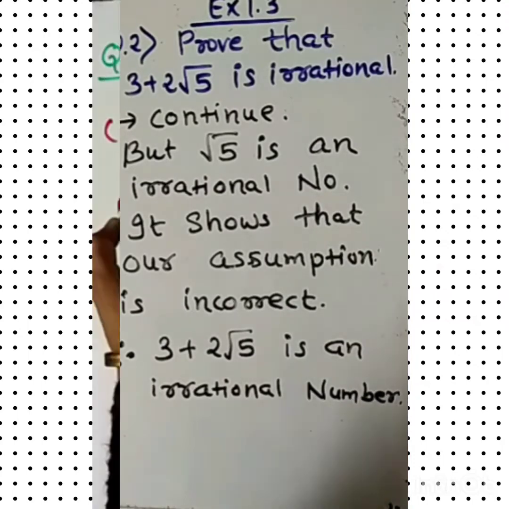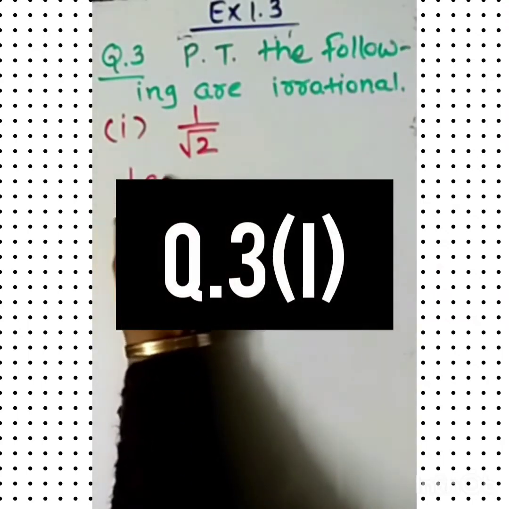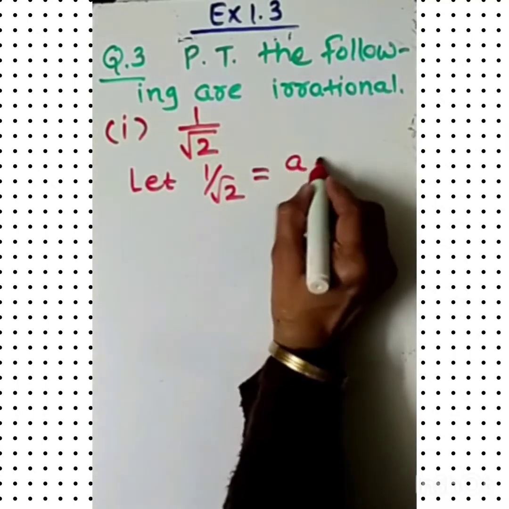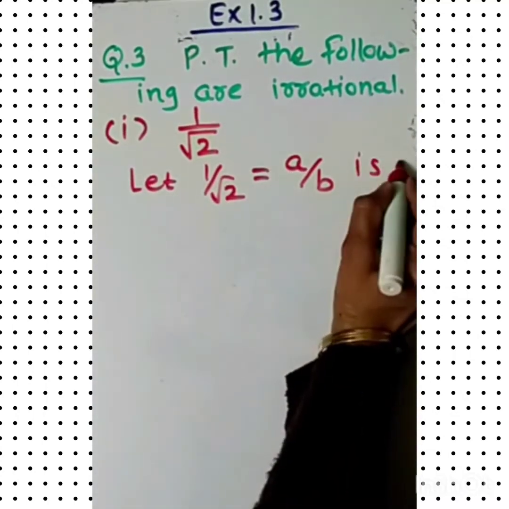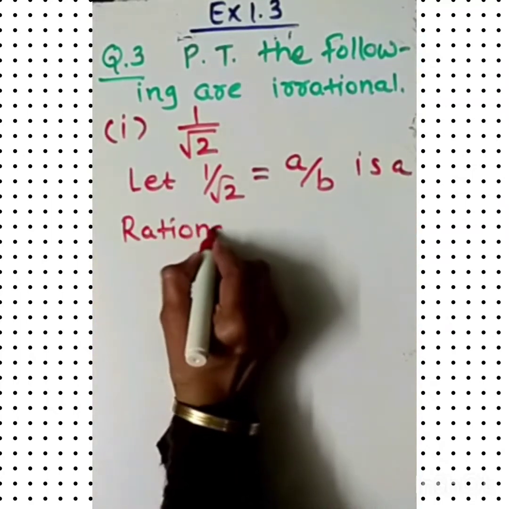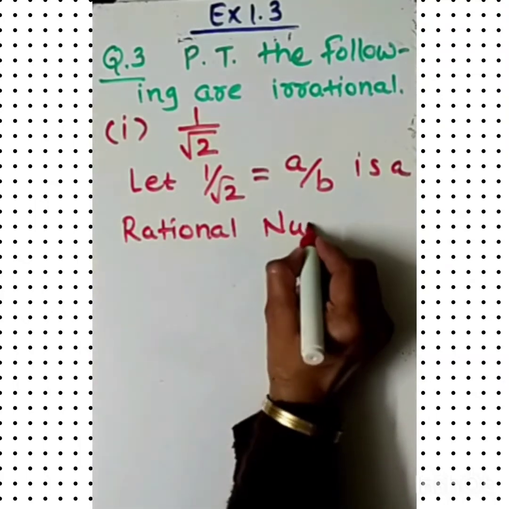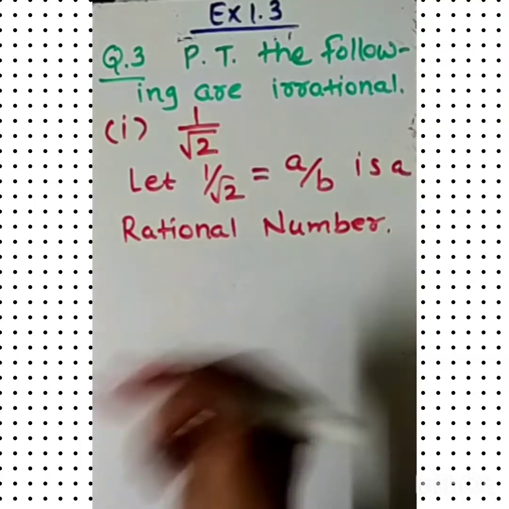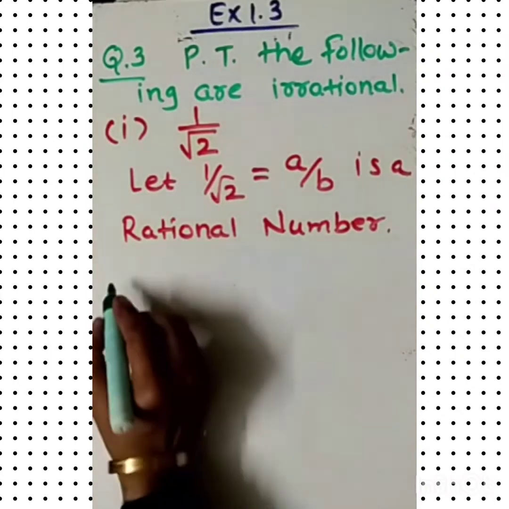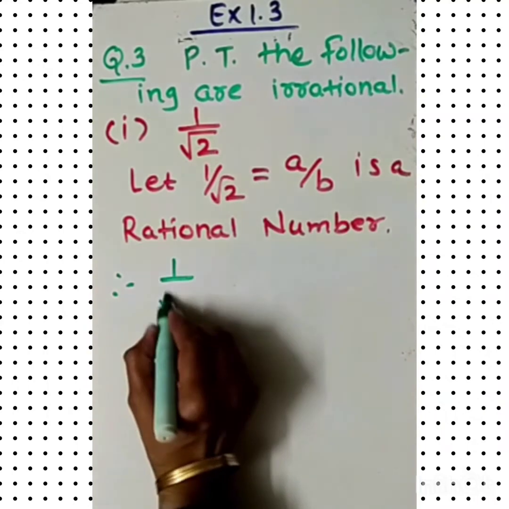Let's start. Let 1 by root 2 equal to a by b, a rational number. We are assuming that it is a rational number. As we did in the previous question, the same procedure. If we are considering it as a rational number, then how to rationalize, you know very well.